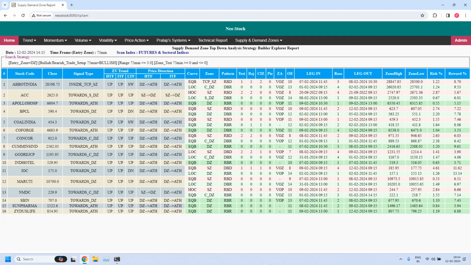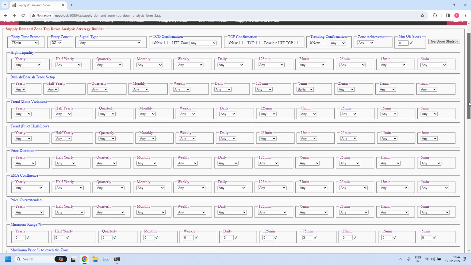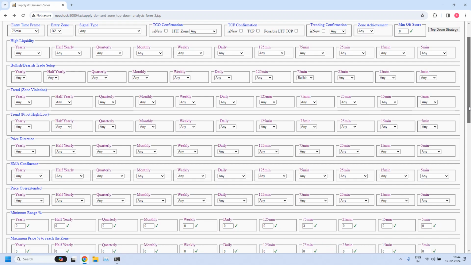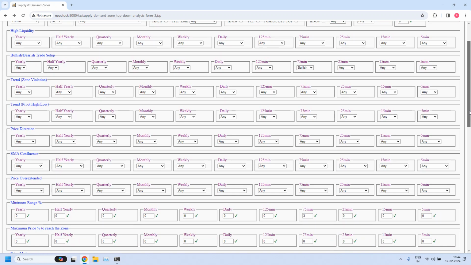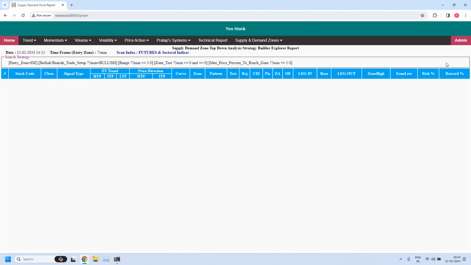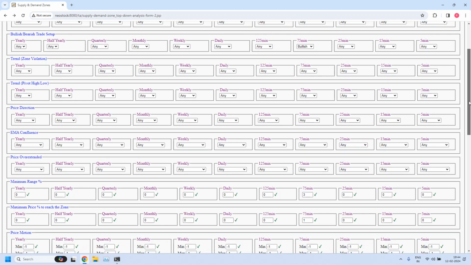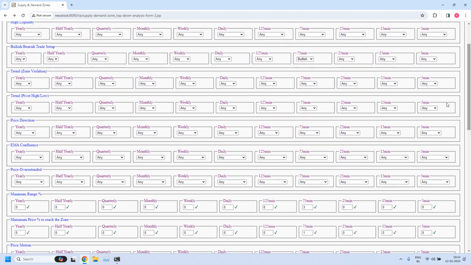But still, if you want to know which stocks are very close to the zone, let us filter so that you can give priority to those stocks immediately. So for the maximum price percent to reach the zone in 75 minutes, I am setting 1%. Are there any stocks very close, at the 1% level? No stocks. Now let me set the 2% level, changing 1 to 2% at 75 minutes.